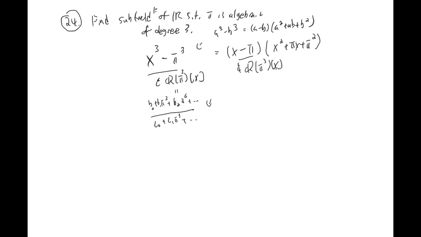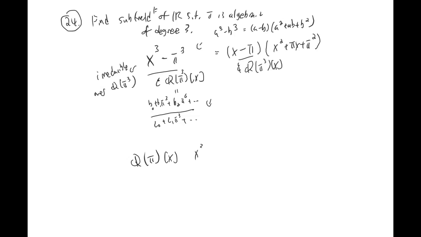So this thing is irreducible over, I have to say over what field, Q adjoin pi cubed. If you thought it was this instead, this is wrong because it would be degree 2.